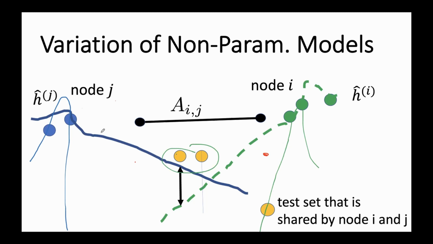But the hope is that we can choose the test set in such a way that forcing the left and the right model to agree on it also prevents them from going crazy outside the local data sets. The precise conditions for how to choose the test set to achieve this are subject to current research. In particular, my group is looking at these questions.